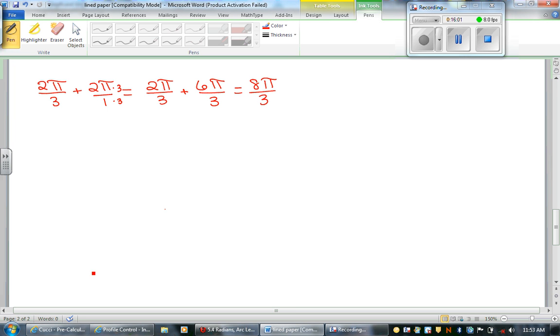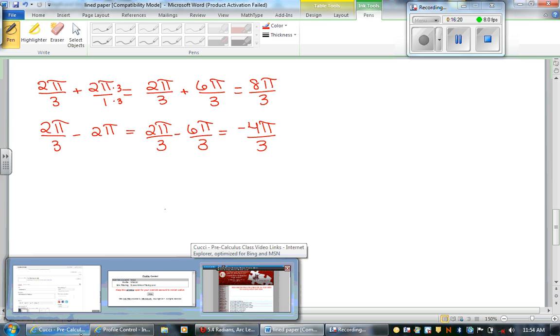So that's a coterminal angle. We can also subtract, 2 pi over 3 minus 2 pi. Same idea, except we're doing subtraction, which is going to give us negative 4 pi over 3. Okay?